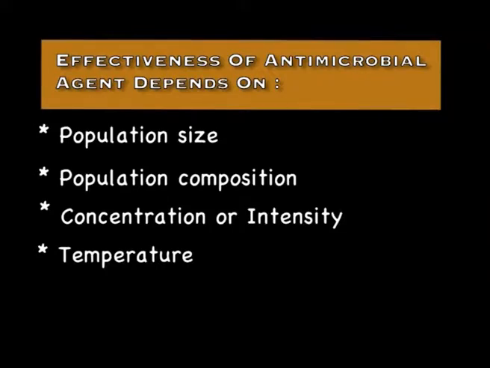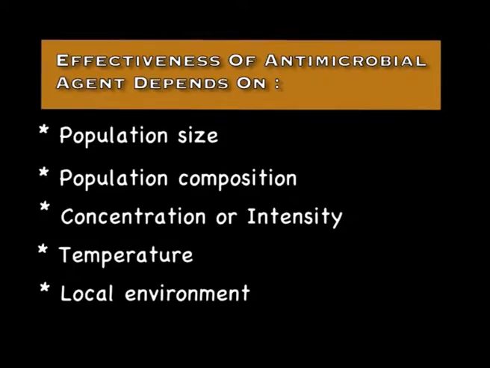The next factor on which antimicrobial efficiency depends is the temperature of application. Here we will see that as soon as the temperature is increased, the time needed to kill the microbe will decrease. And finally, it again depends on environmental factors.